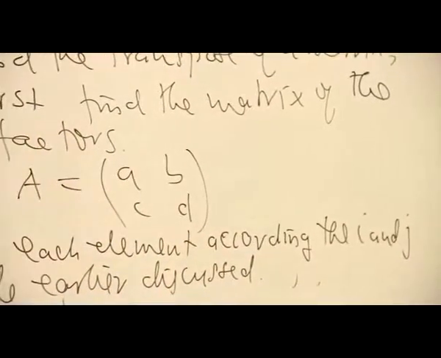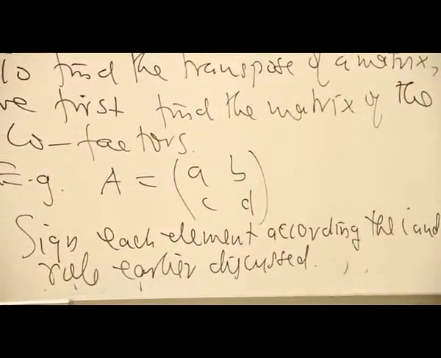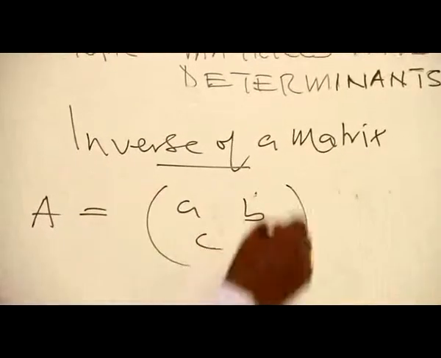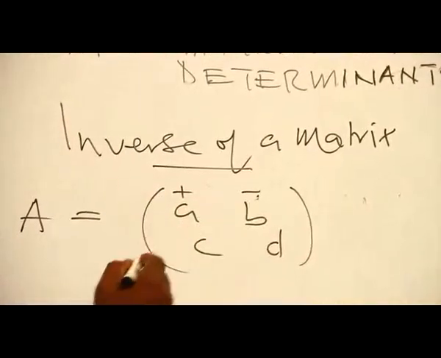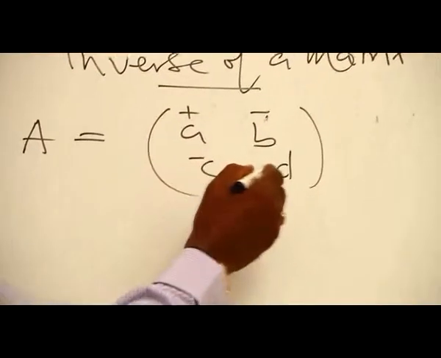So we have A equal to A, B, C, D. We sign this, and across, we sign this.